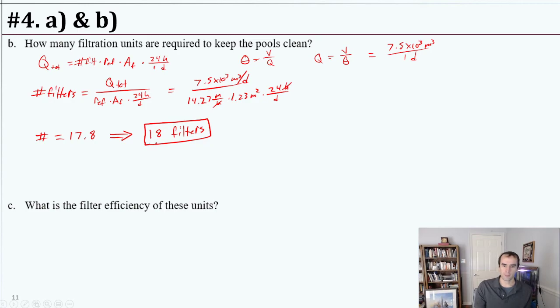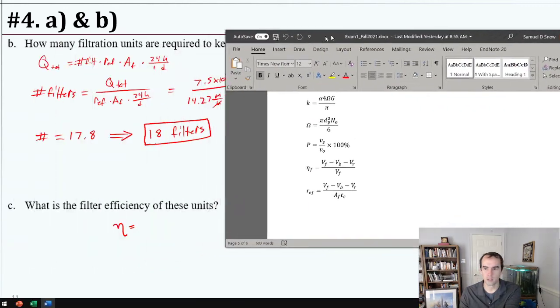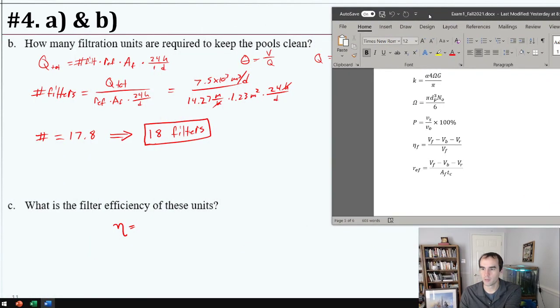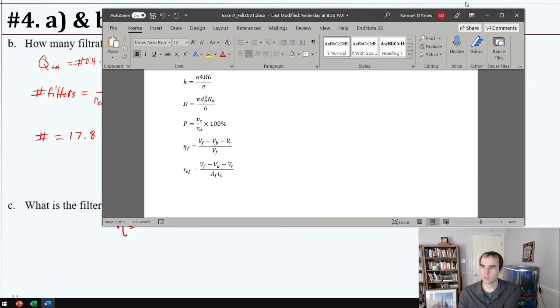Okay, the final question is, what is the filter efficiency for these units? And that's simply our equation there. We have an equation for that and pretty much all of the pieces in place already. So the filter efficiency is going to be the volume filtered minus the volume wasted divided by the volume filtered.